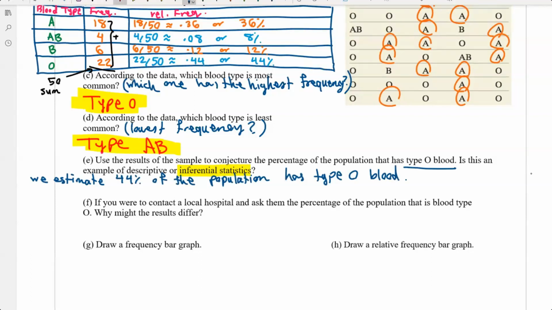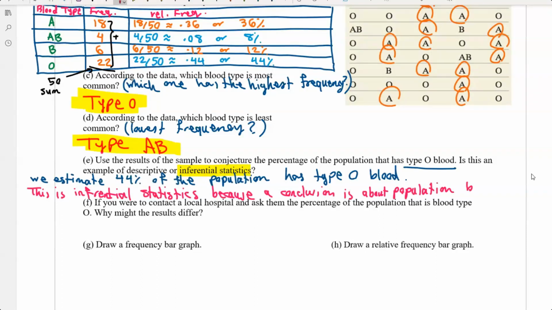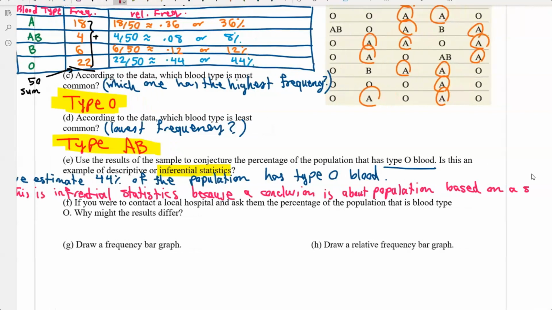And this is inferential, because the conclusion is about the population and was based on our sample.